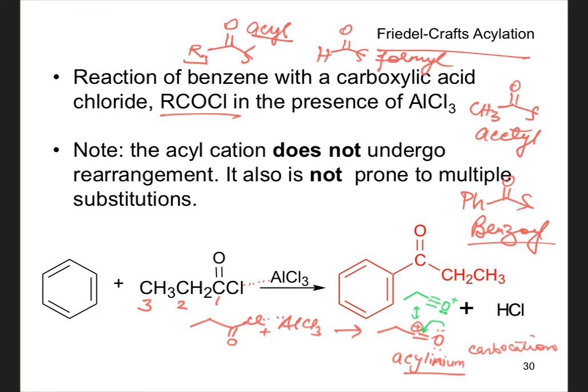As we have generated this, the next step will be the attack of the nucleophile onto it. Let's take a look. So we had the benzene ring, and we generated this acylium ion. So attack will take place.